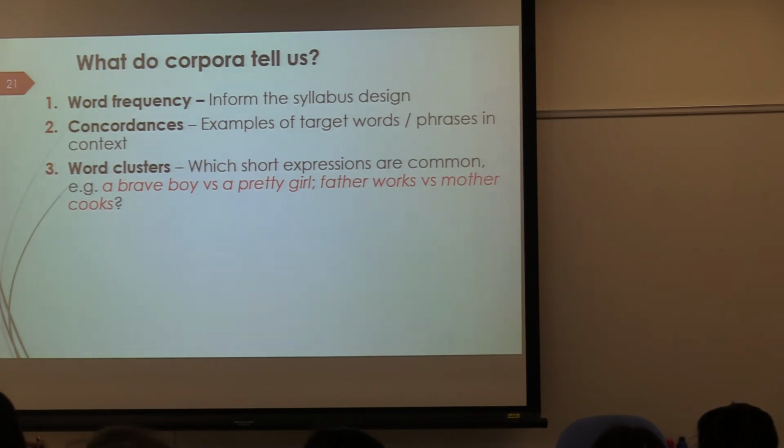And father works, mother cooks. So you see, we'd like to see how different words are joined together, are associated with each other. So usually we use the word cluster function for research, like when we conduct research on gender studies, we'd like to see how males and females are described.